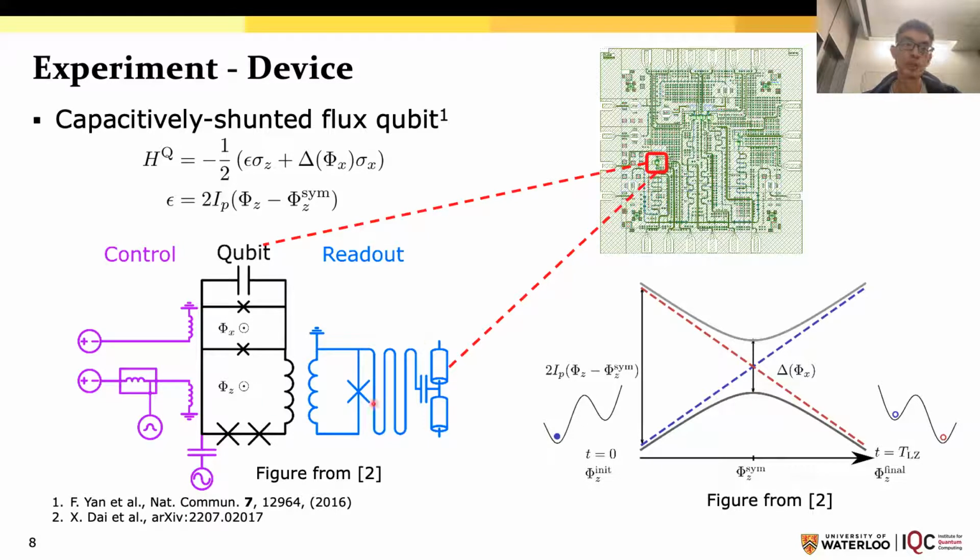For readout, we inductively couple the qubit to an RF-SQUID terminated resonator, and by reading out the transmission through the resonator, we can read out the persistent current state of the qubit because the resonator frequency is flux sensitive.